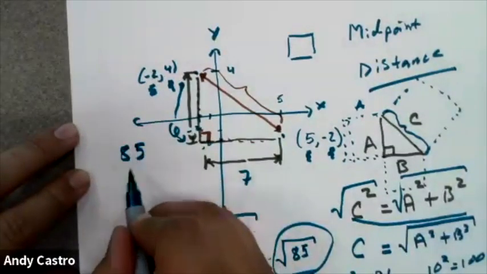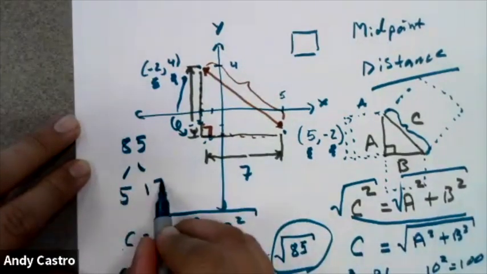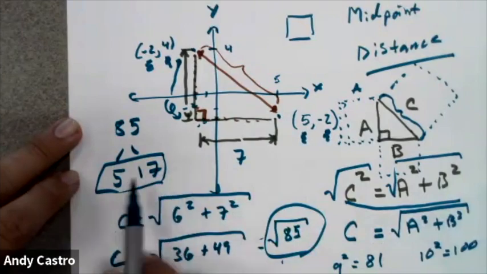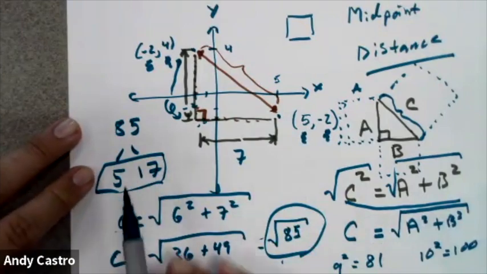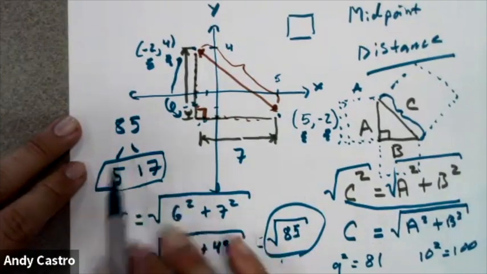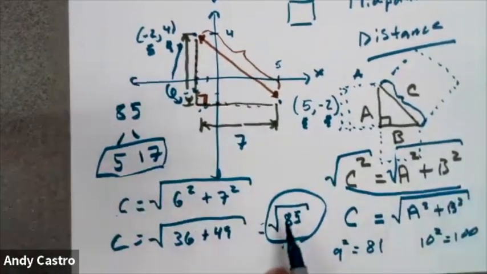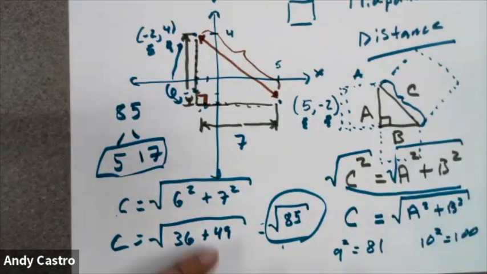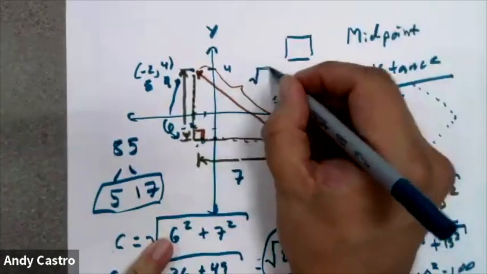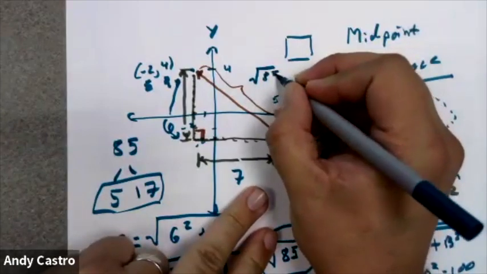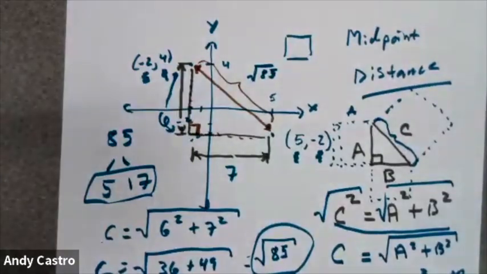And 85 is 5 times 17, which are 2 primes, and I don't actually have a clean square root inside the 85. So this can just be written as the square root of 85. As far as the distance is concerned, square root of 85.